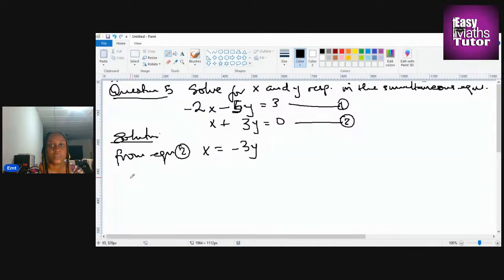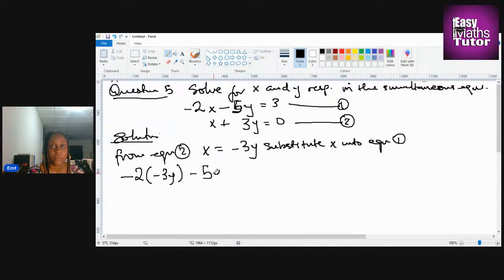And then we'll substitute x into equation 1. So we have minus 2 times minus 3y, minus 5y equal to 3. So minus 2 times minus 3y gives us 6y, minus 5y equal to 3, which is y equal to 3.